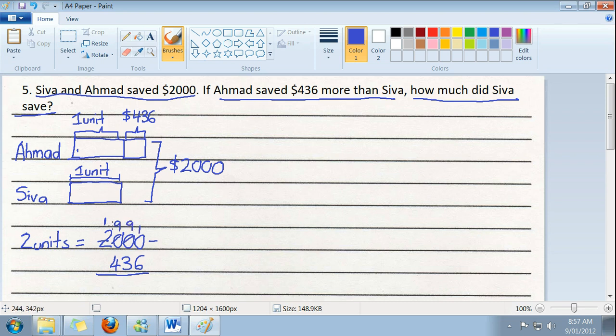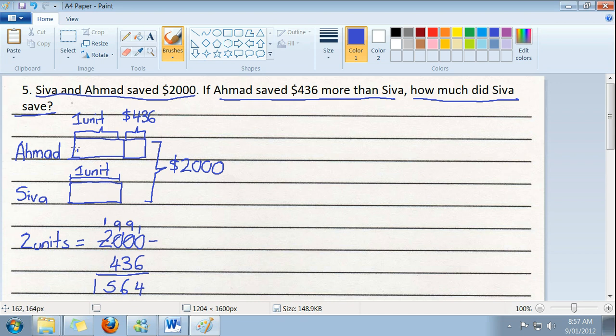Now we needed to trade all the way to the ones column because as you can see, these were all zeros. Okay? So 10 take away 6 is 4. 9 take away 3 is 6. 9 take away 4 is 5. And 1 take away 0 is 1. So in other words, 2 units equal 1,564.